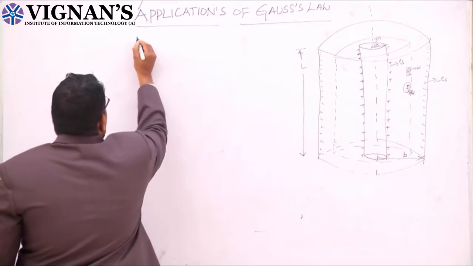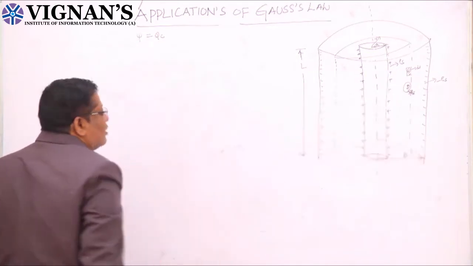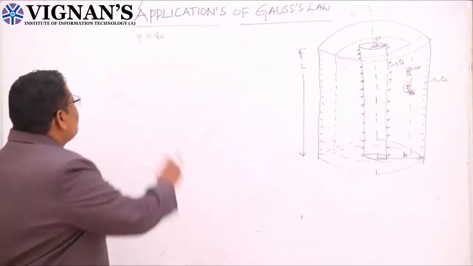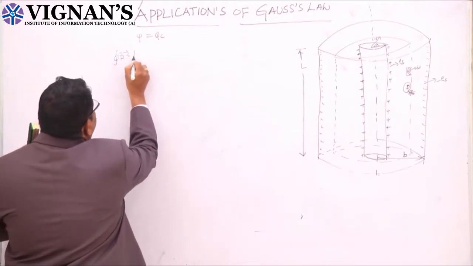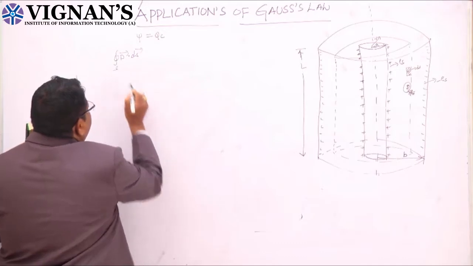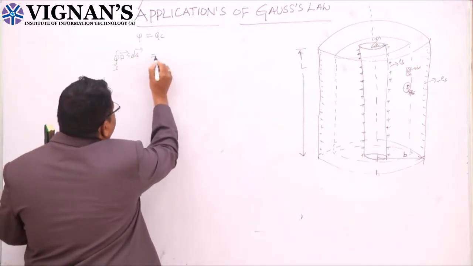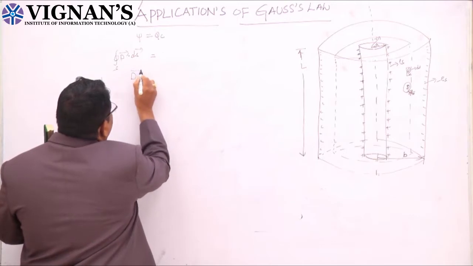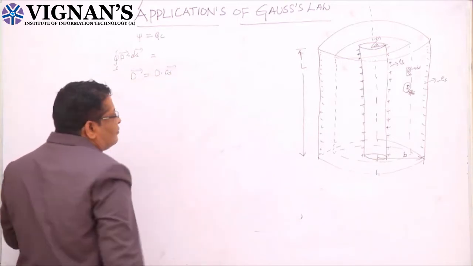Now apply Gauss law: psi equals charge enclosed by the Gaussian surface. Now psi we can write as the surface integral of D bar dot dS bar. This D bar we can write as D into a r bar.